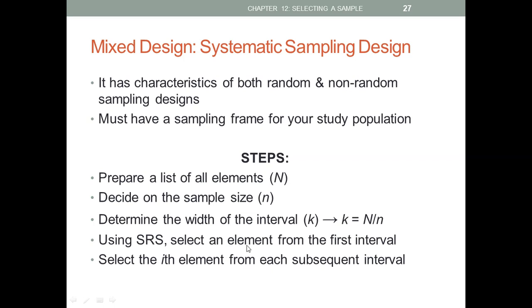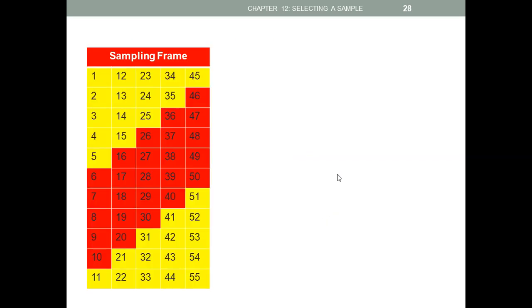And after randomly selecting the first element in the first interval, we can select the ith element from the subsequent intervals. These are the steps, and they are quite conceptual. Let's go to the real practice on the next slide.